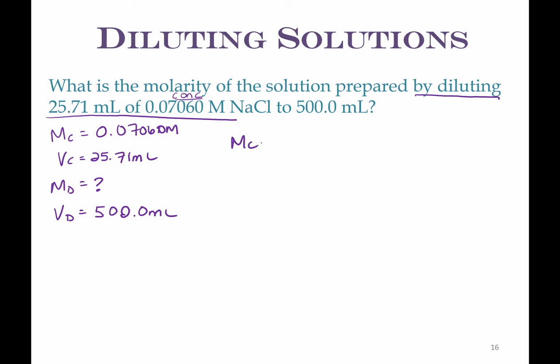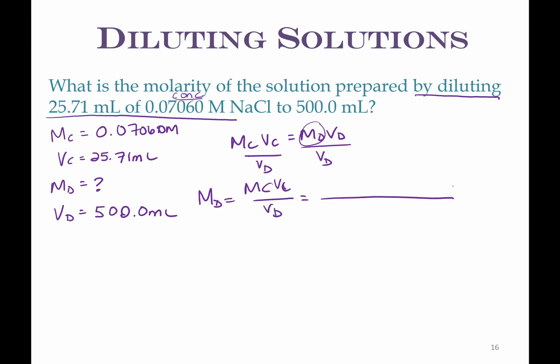So MC VC is equal to MD VD. We want to solve for MD, so we're dividing both sides by VD. So MD is equal to MC VC divided by VD, which is 0.07060 molar times 25.71 milliliters divided by 500 milliliters.